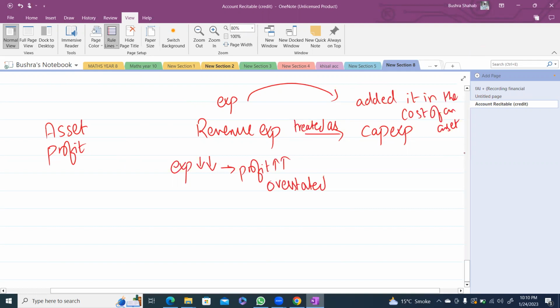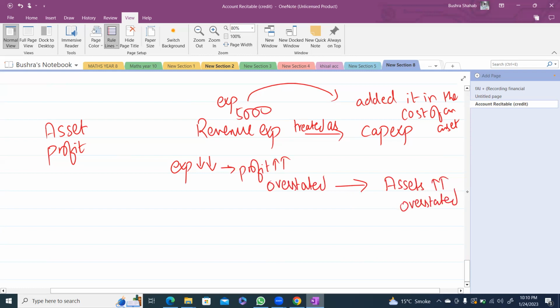For example, the amount of expense that you had was 5,000. You have added it in the cost. What will be the effect on the asset value? It will also increase by 5,000, so it will also be overstated. If we add a revenue expenditure to our capital expenditure, what would happen to our asset and profit?